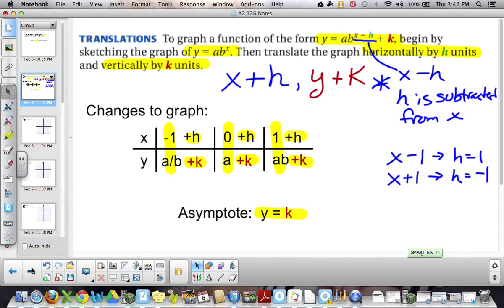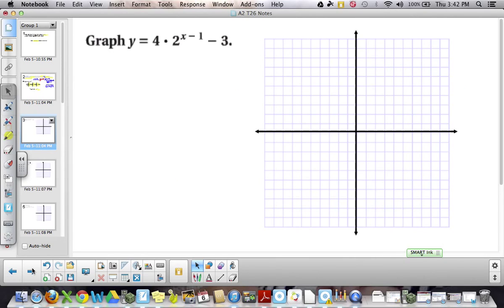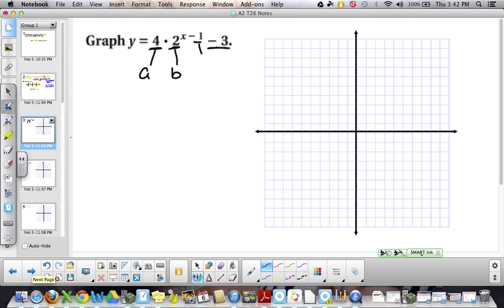All right, so going back to our first example, y equals 4 times 2 to the x minus 1, minus 3. There are 4 numbers here, and each one of them represents one of our values. So the 4 here is a, the 2 is b, the 1 is h, and the negative 3 will be k.